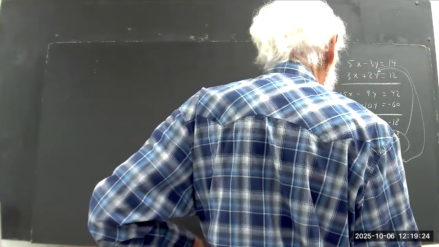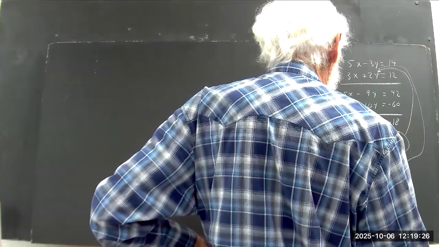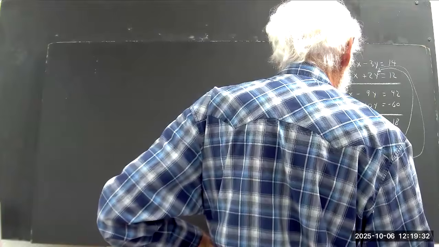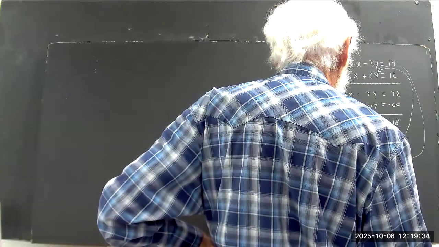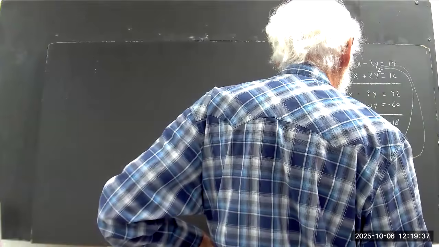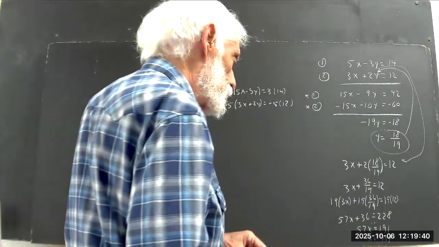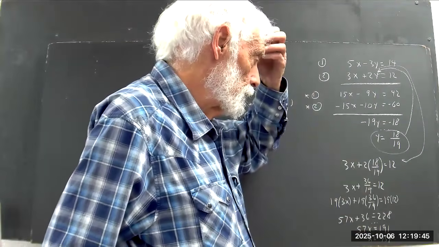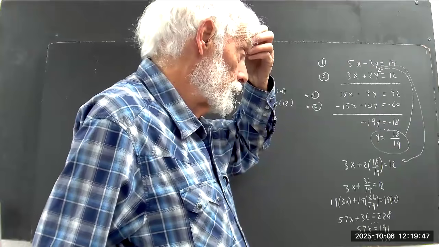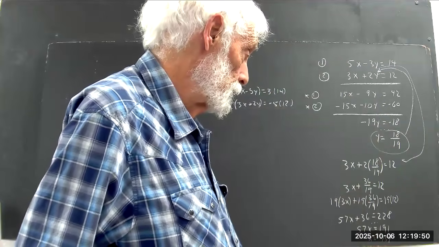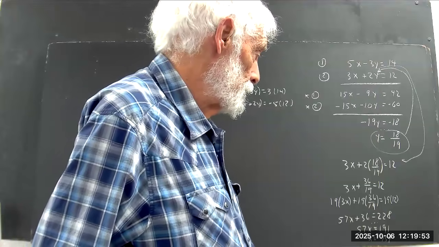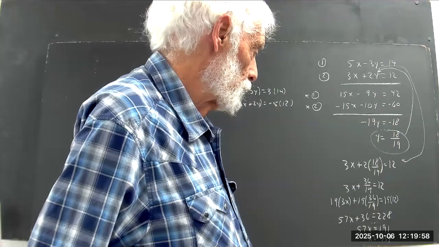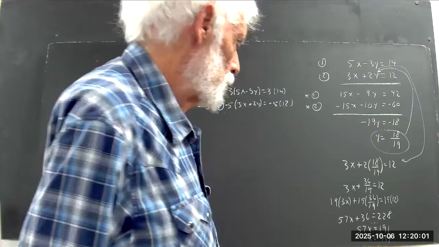Okay, so that's going to end up with 57x equals 191. I did that fast. I could have a mistake there. Double check. 19 times 10 is 190. 19 times 2 is 38. That adds up to 228. And subtracting 36 from 228 gives me 192.